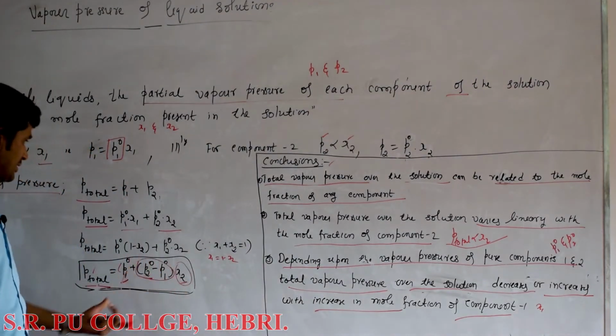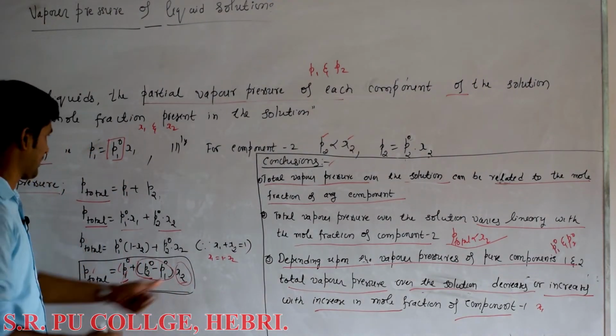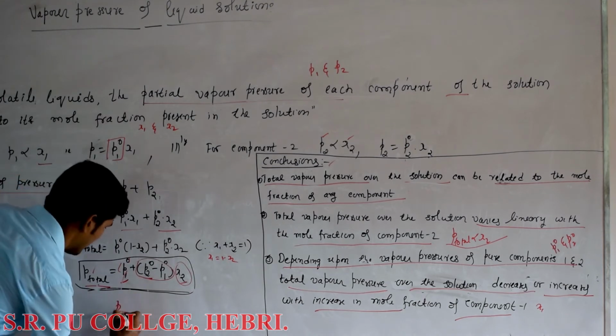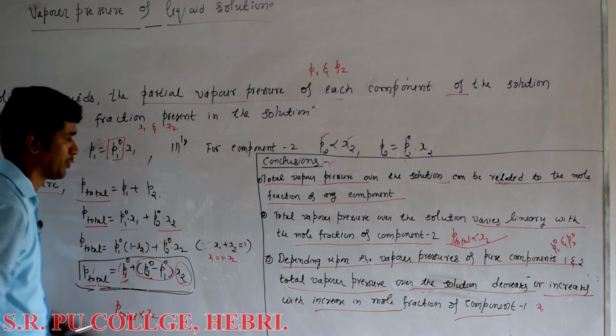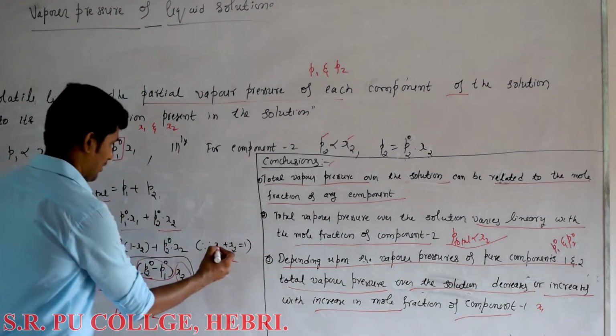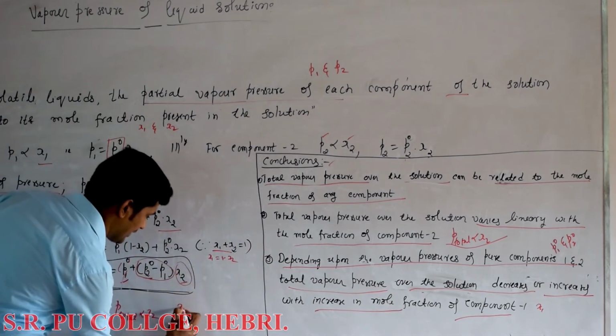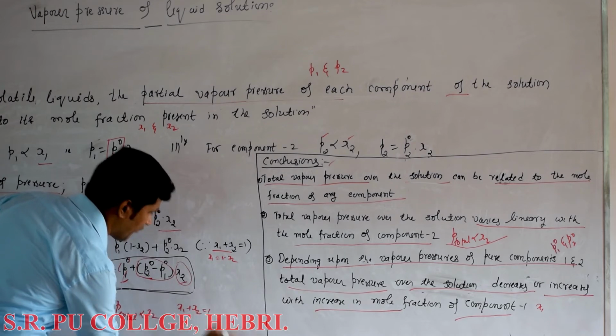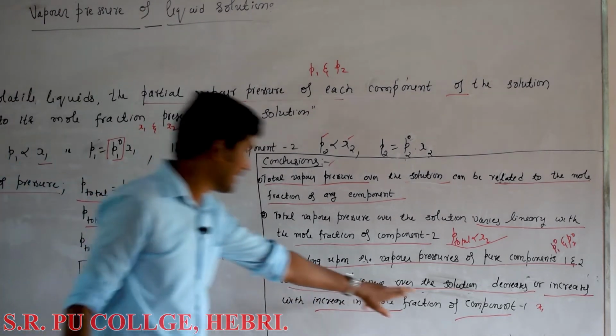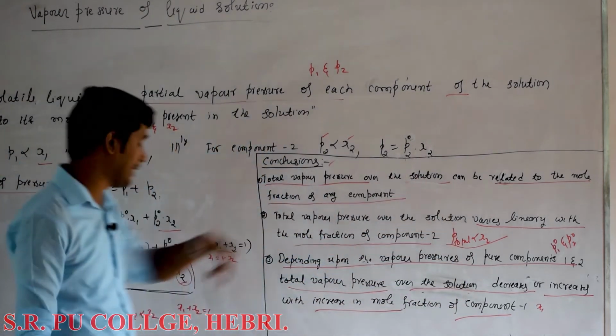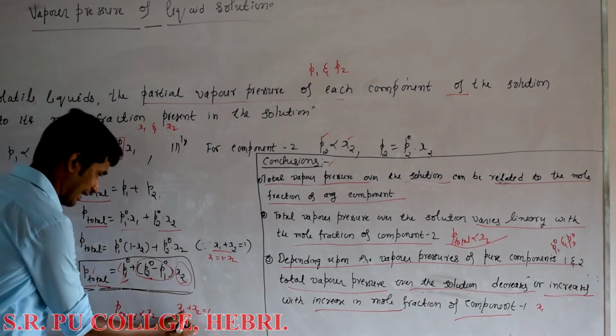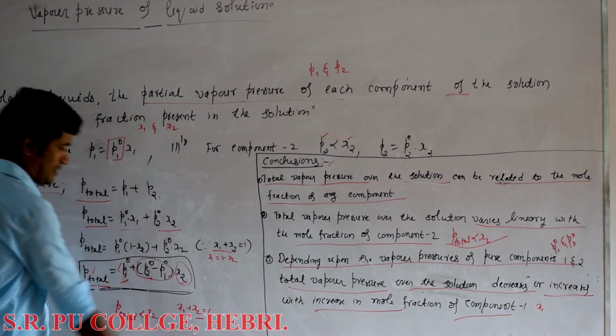Look at this equation. I have written P total is directly proportional to X2 in conclusion 2. Now you look at this, X1 plus X2 is equal to 1. Now as you increase the mole fraction of component 1, as you increase X1, X2 decreases.